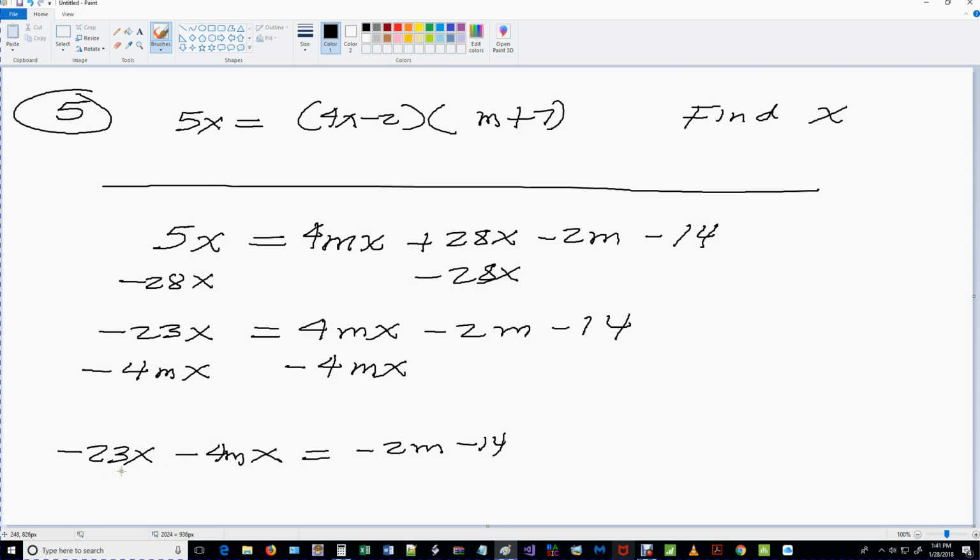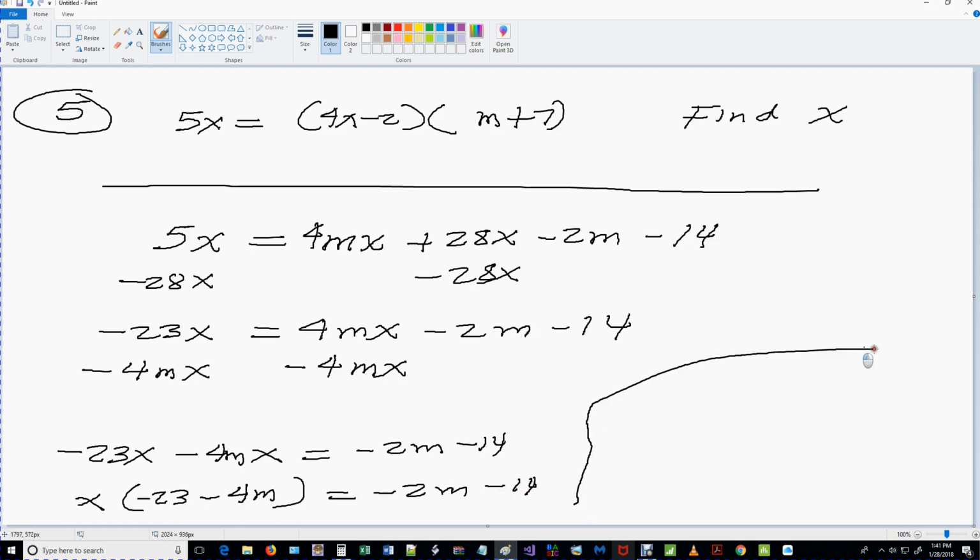To find x, we need to consolidate the x's. In this case, we can actually factor x on the left side. If you take x out, you get minus 23 minus 4m on the left. On the right hand side, you get minus 2m minus 14.